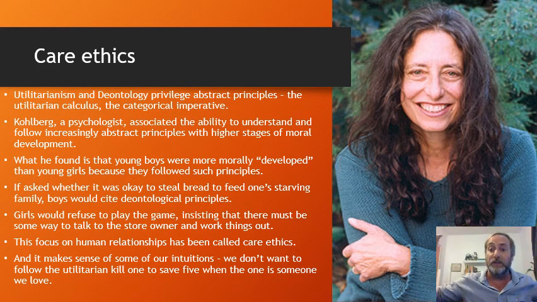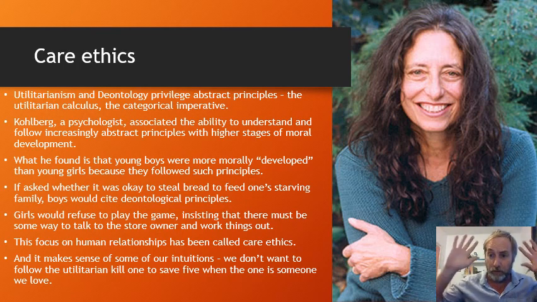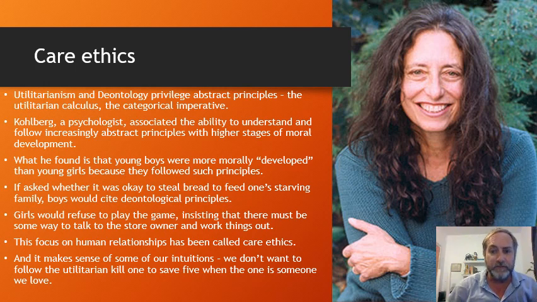The utilitarian calculus, adding up the pleasure and pain, or the categorical imperative, these general, unbreakable ethical principles. And thinking in that vein, Kohlberg, who was a psychologist, was studying moral development in children. And he thought moral development goes towards the more and more abstract, towards these more general principles.